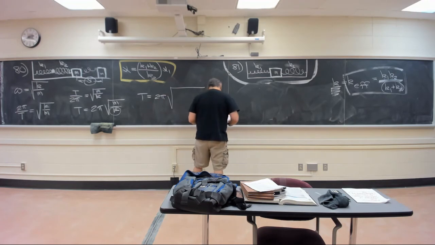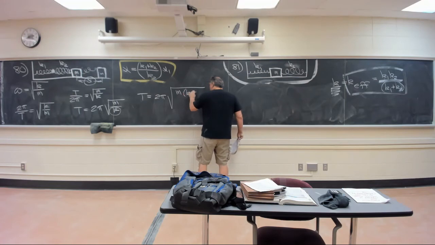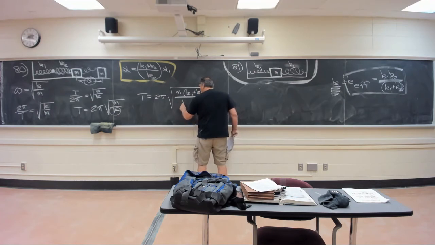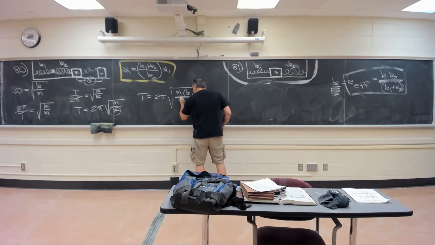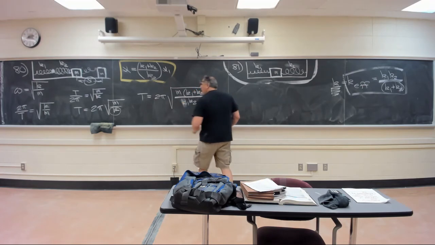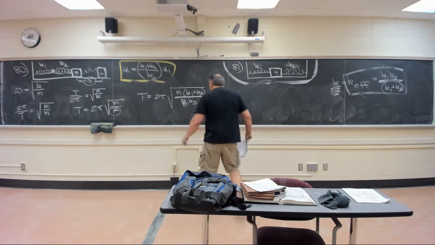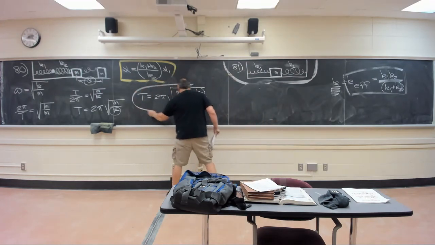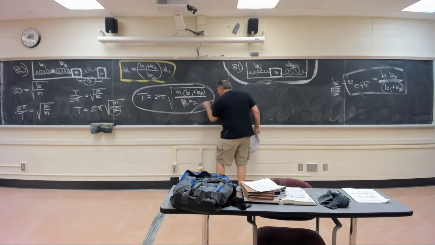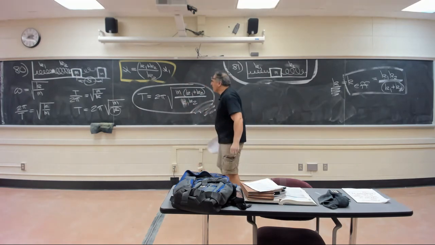It becomes M, the K1 plus K2, like that, and then on the bottom, that's it.